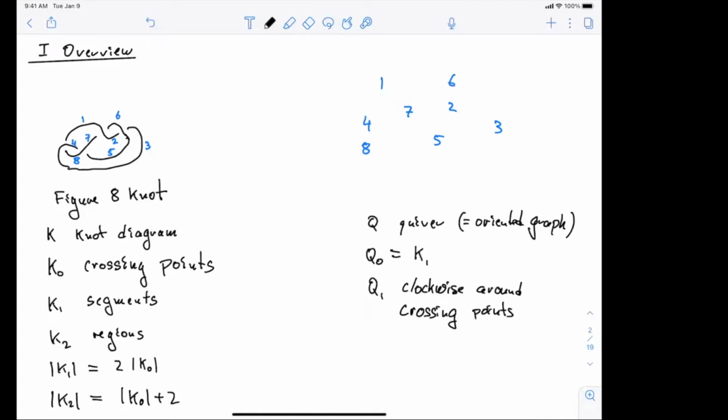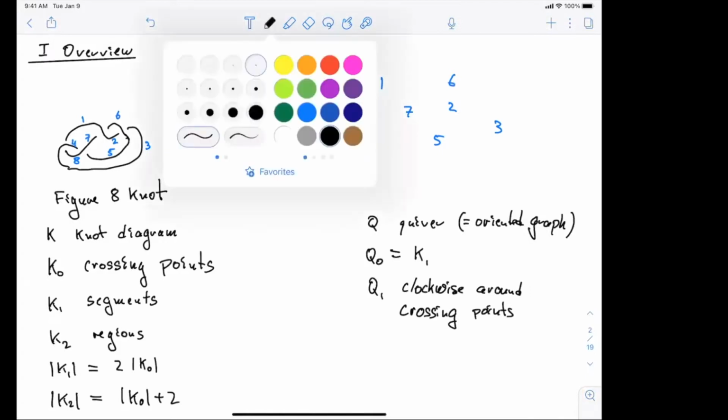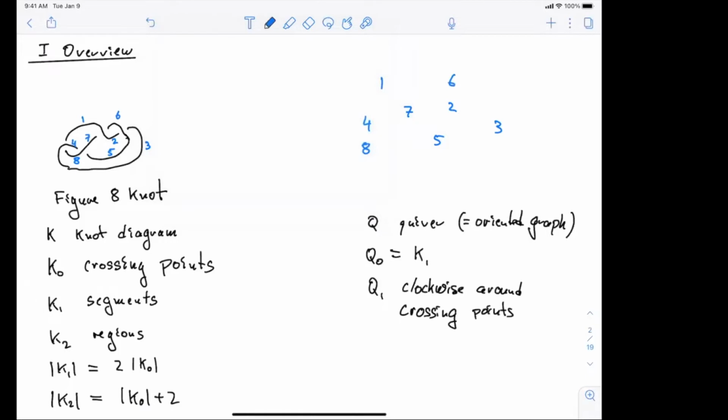So what do I mean by this? There's a crossing point here in the knot made up by the segments 1, 6, 2, 7. And I'm saying I want to draw arrows which go clockwise around it. So I want to have an arrow from 1 to 6, and then 6 to 2, 2 to 7, 7 to 1.